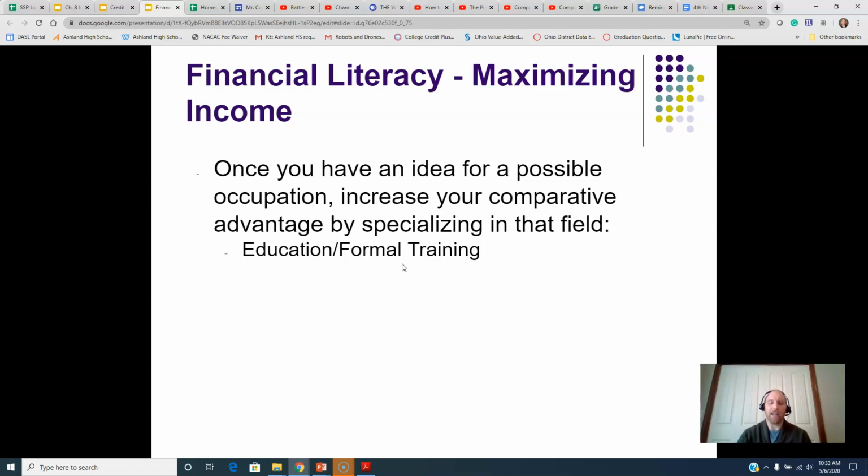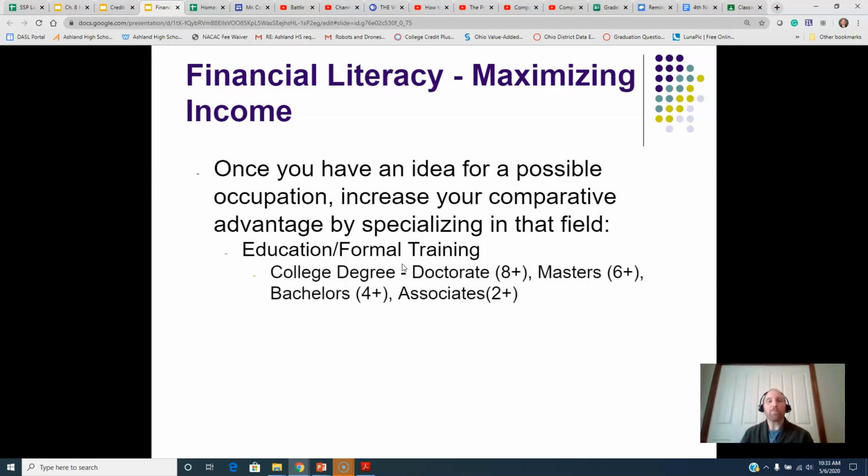That's definitely not the case. But in general, you need to go out and get some sort of a degree in the field that you want to go into. There's all sorts of different types of college degrees, doctorate degrees, which are 8+ years of college education, master's degrees, bachelor's degrees, associate's degrees. And it's really important to know the field that you're choosing, which type of degree to go for.